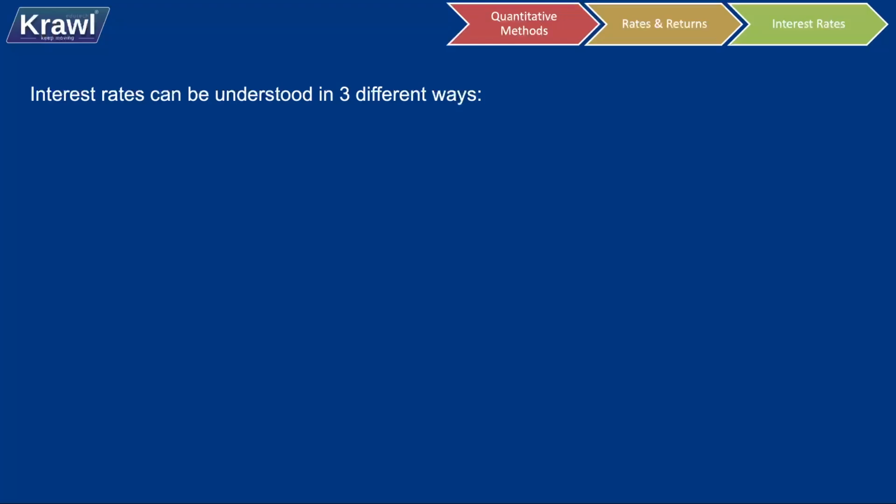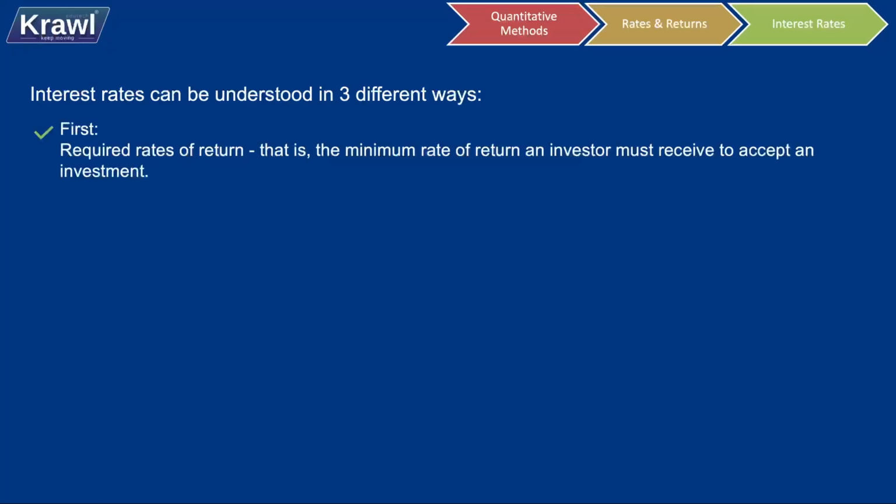Now, let us bring a further explanation to this. There are three different views in which you can look at interest rates. Number one, it is a required rate of return. When you speak about rate of interest, the first understanding we have is that it's a rate of return on some specific amount of investment.